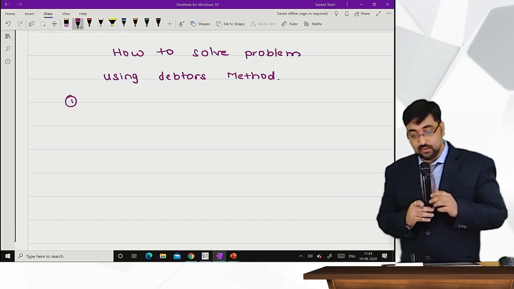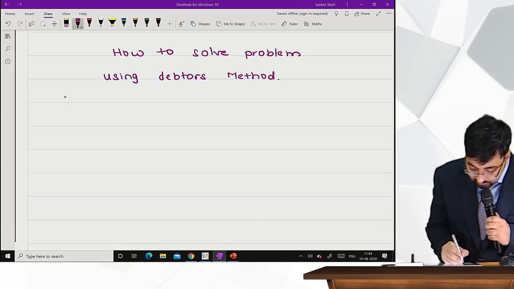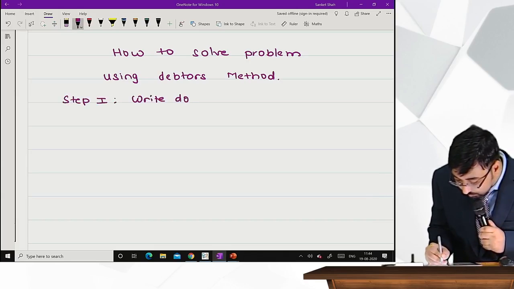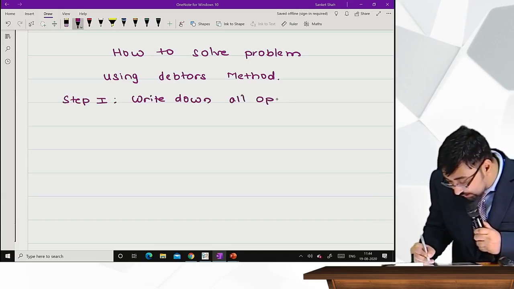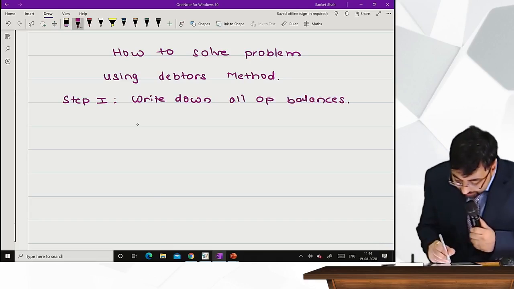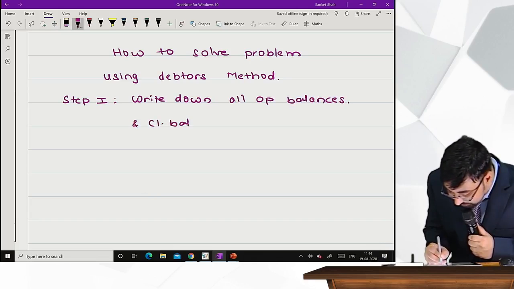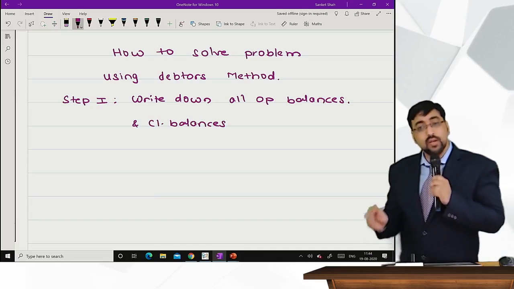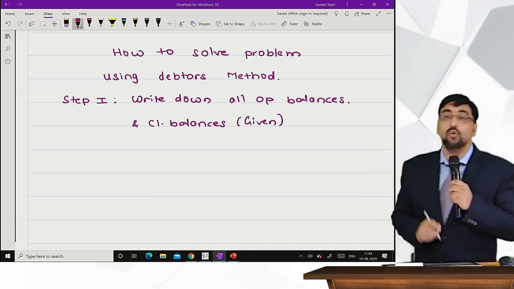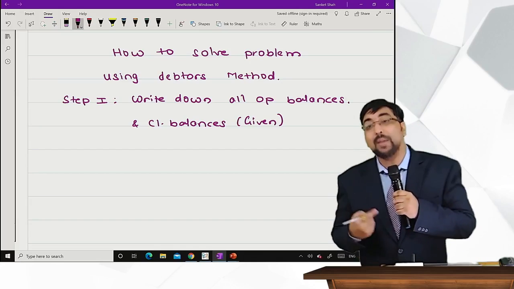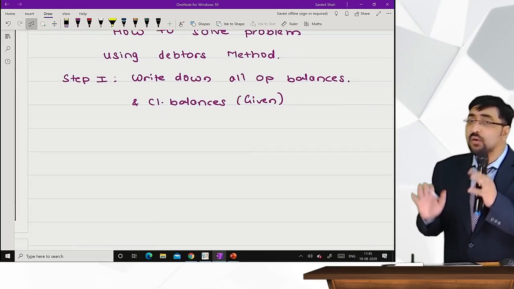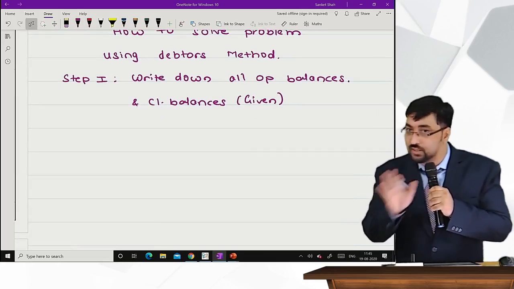You have to solve it by another method, and if you get the same profit, your answer is correct. In the exam you don't have time for that, so you solve it by debtors method and keep confidence that whatever profit you get is correct. So debtors method, step number 1: write down all opening balances and closing balances which are given in the question, because sometimes you may have a question mark for closing balance, and for that we have to open a memorandum account. It's very easy.